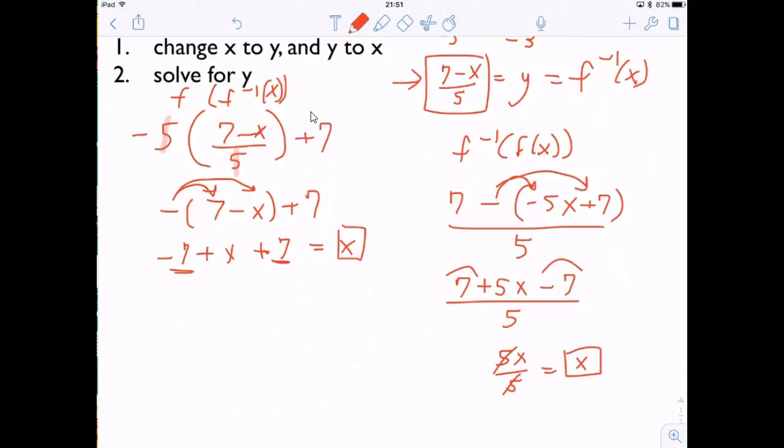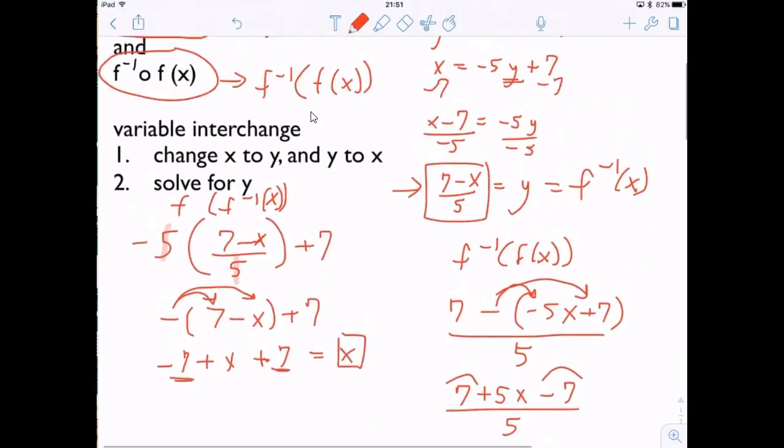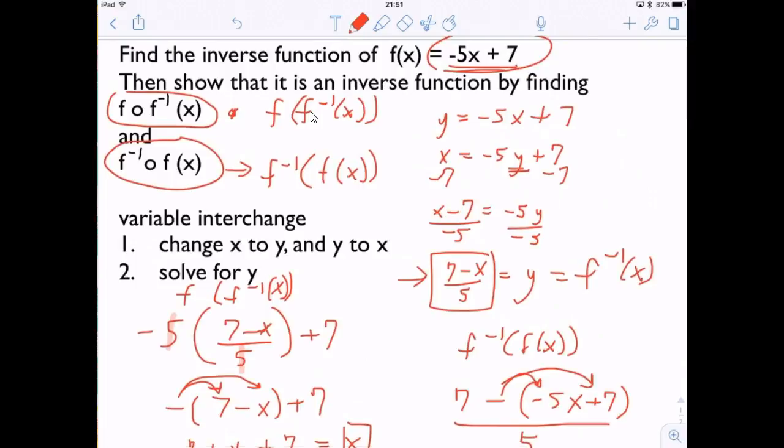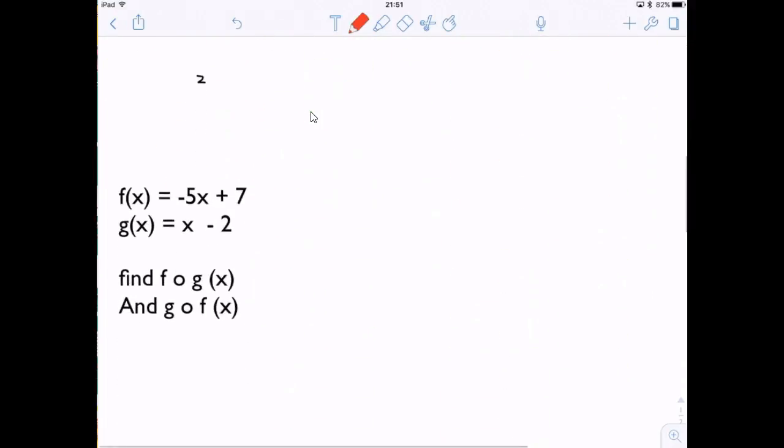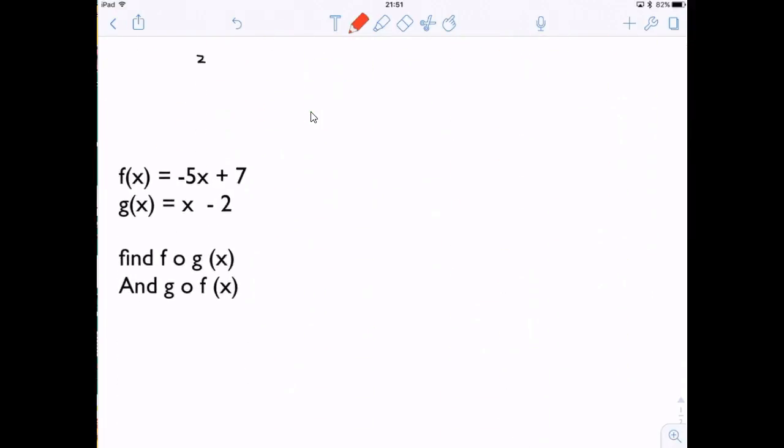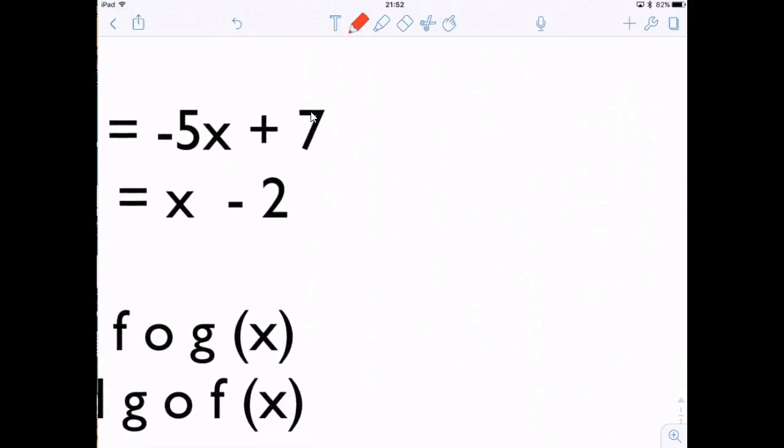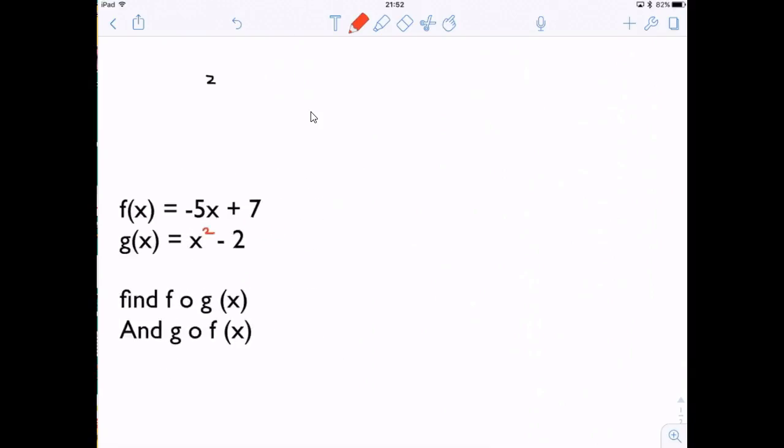And last of all, I would like to demonstrate a composite function. So if you have a composite function, and in this case, let me just make a correction here. I'm going to have the function f and the function g, and I'm going to first find f follows g, and then I'm going to find g follows f.